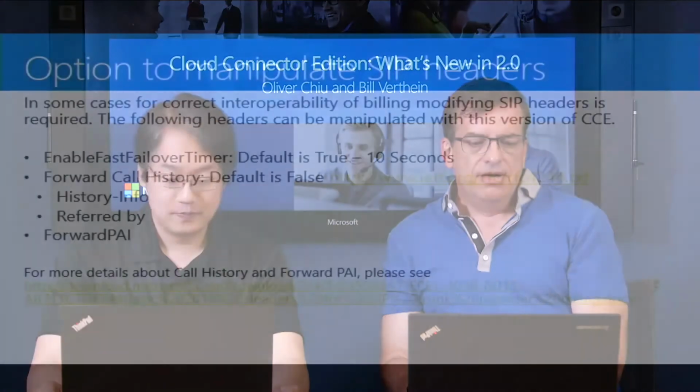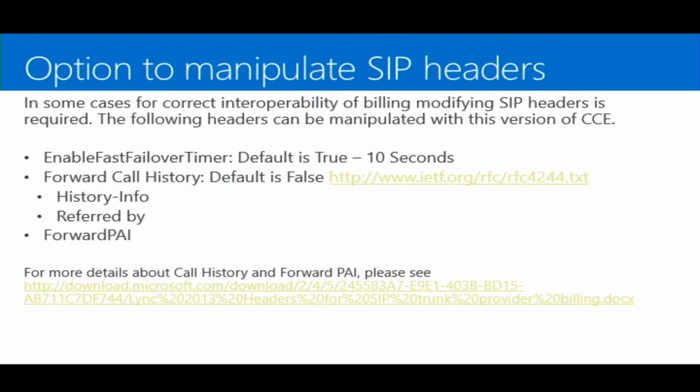Forward call history is a way to track the call, and we have some links here that you can go to and check what that means. That's an IETF link right there, which is a definition of the forward call history fields and what they mean. But basically, by default, we don't have it turned on.